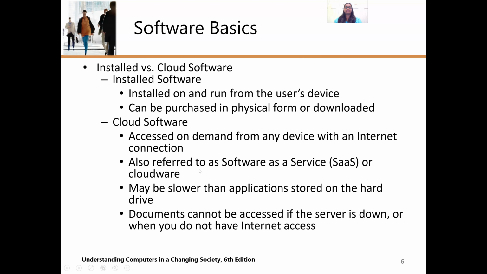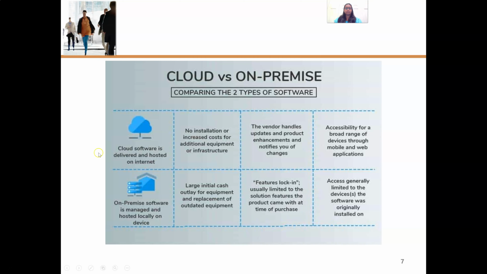Note the difference between the installed software and cloud software. Here, when we are comparing the two mentioned types of software, cloud software has no installation or increased cost for additional equipment or infrastructure, whereas on-premise software needs a large initial cash outlay for equipment and replacement of outdated equipment.